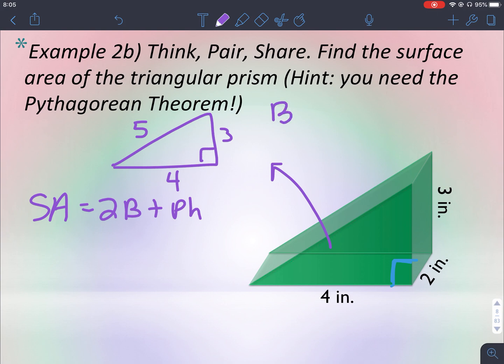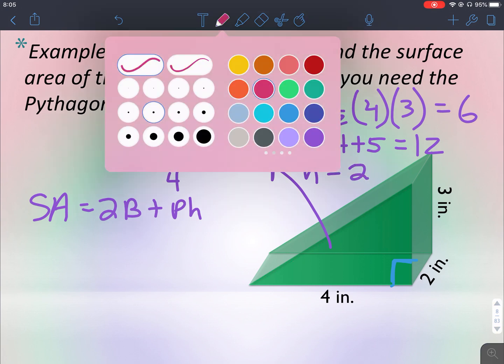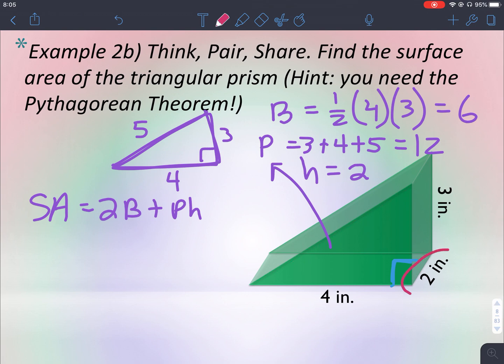The area of the base is 1/2 base times height, which is going to be 6. The perimeter of the base triangle figure is 3 plus 4 plus 5, and that's going to be 12. And then the height is 2 inches. Be very careful about this, because even though the height goes horizontally, it's just that the prism is turned around.